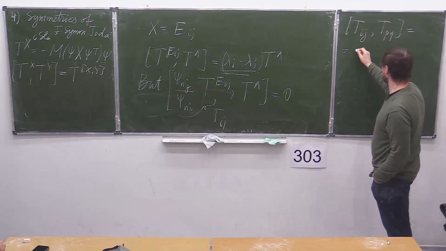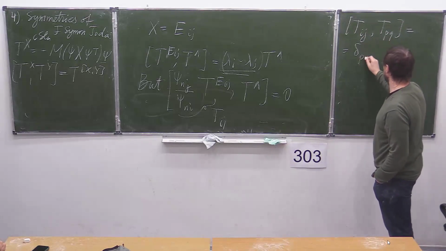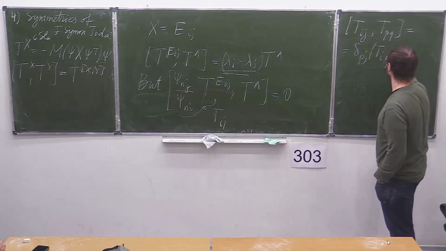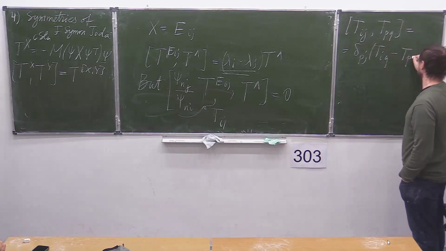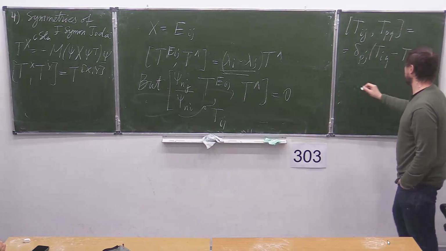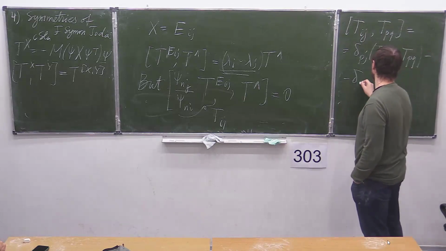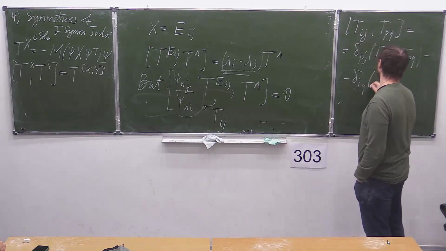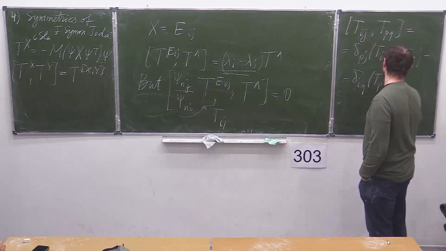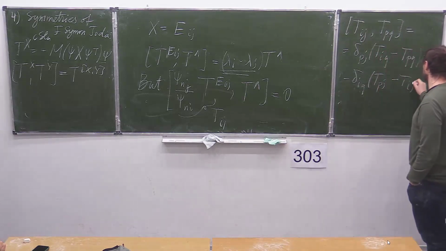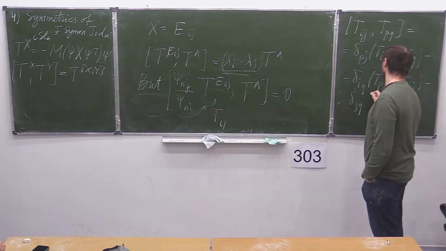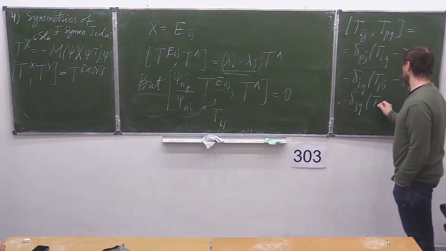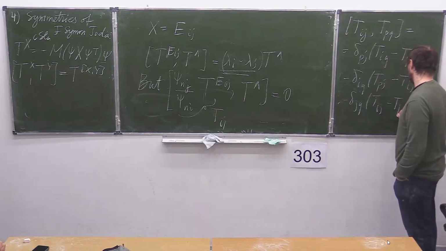It's something like delta Pj Tiq minus Tpq minus delta Iq Tpj minus Tij minus delta Jq T, I think Ij minus Pq.